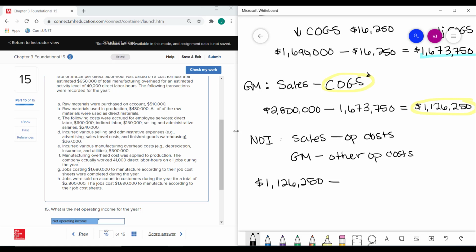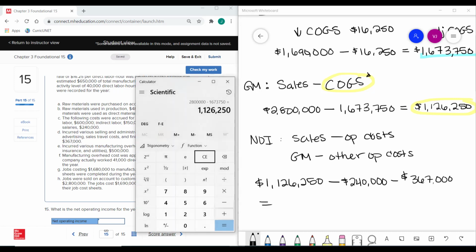So let's take a look. On C, we have those selling and administrative salaries, which is considered to be an expense, right? So we'll subtract that. That's not part of product cost. We didn't include that yet. And what about D? We incurred various other selling and administrative expenses, right? Like advertising, travel costs, so on and so forth, of $367,000. So then you would just double check, are there any other expenses we missed? And there aren't.